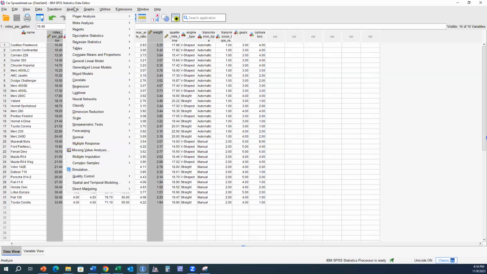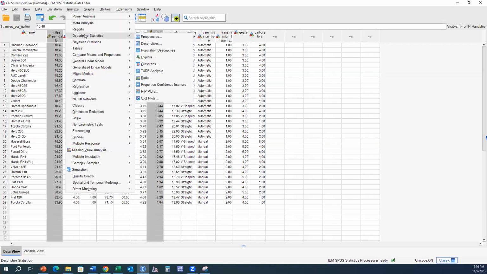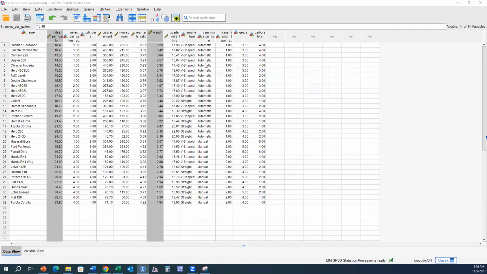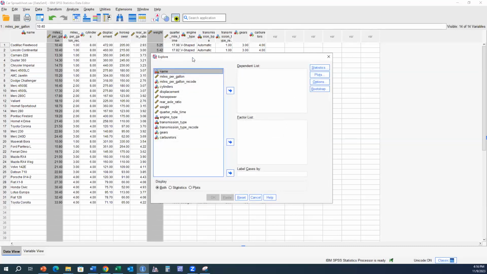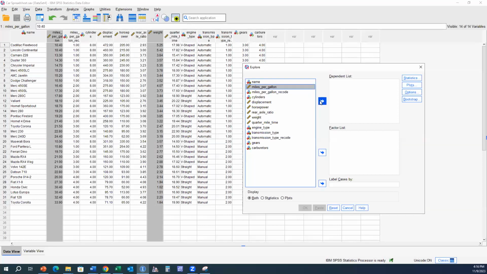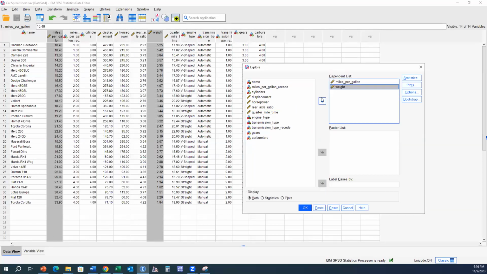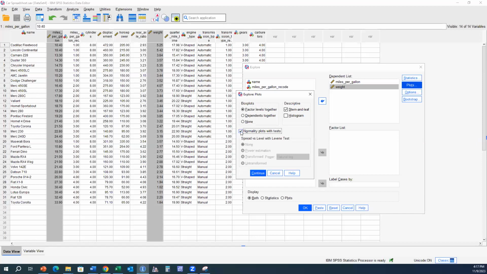So we'll go to Analyze, Descriptive Statistics, and Explore. Then we will put in the variables of interest that we are looking at, which is mileage and weight. Then we will go to plots, and we're going to check mark the plots here, normality plots with tests.